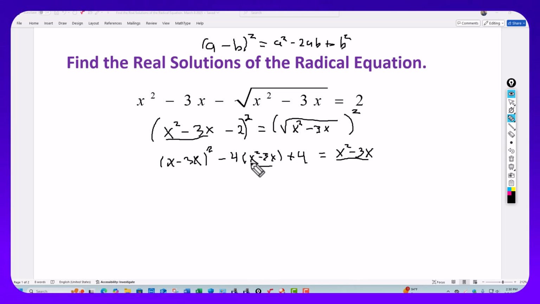But here I have a minus 4 over here. So putting this together and bringing it over, this becomes a minus 1. And then over here, that becomes a minus 5. So just to save us some time, let me change this to a minus 5. On the left side, and on the right side, what I have is 0 then.